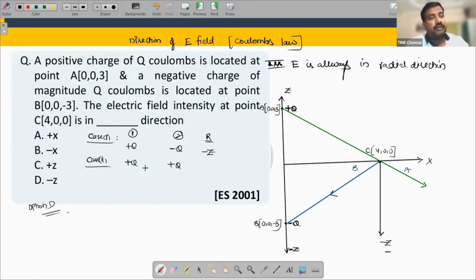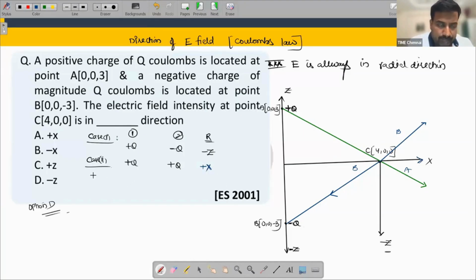If both are positive charges, the field will go radially outward like this. If A and B are two arms of this parallelogram, the resultant will be along the diagonal, that is positive x.